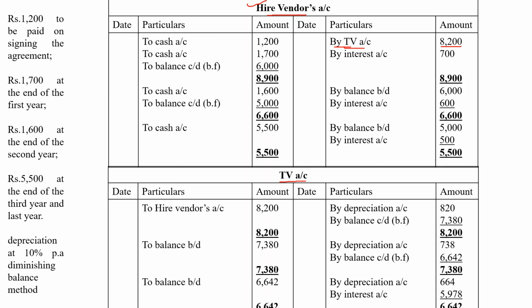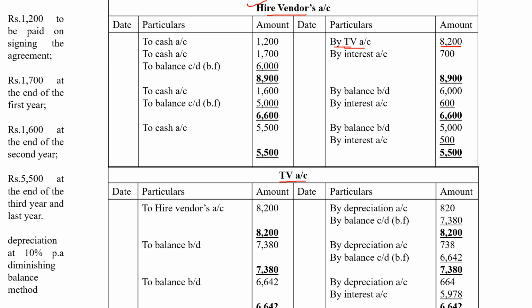So, after recording the purchase of asset, the next transaction is down payment. When cash is paid, what happens? Cash goes out of the business and hire vendor is receiving the cash. So, debit the receiver, credit what goes out. Hire vendor is the receiver.